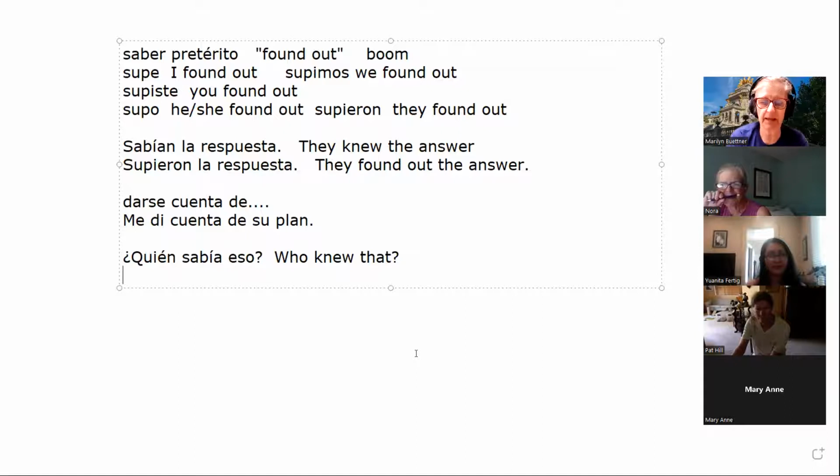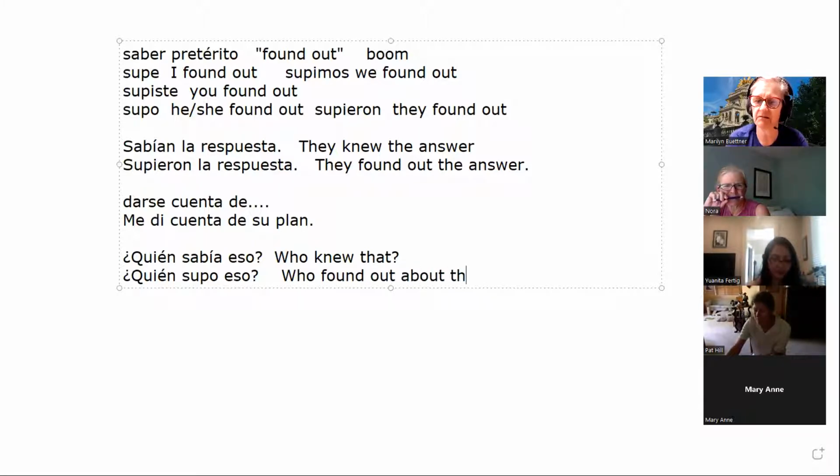But it really changes the meaning quite a lot. And remember, not all verbs do this, but this is one of the verbs that does. ¿Quién supo eso? Is quite different. It means who found out about that. You're talking about somebody getting the information quickly, right?